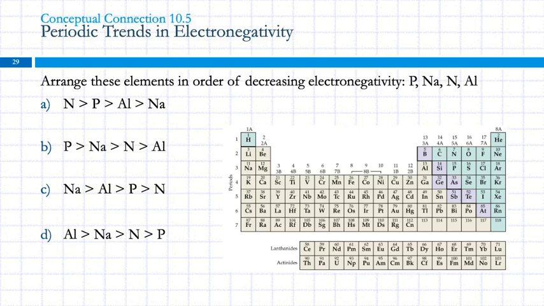So to answer this question, we need to find these elements in the periodic table. So there's phosphorus and nitrogen and aluminum and sodium.